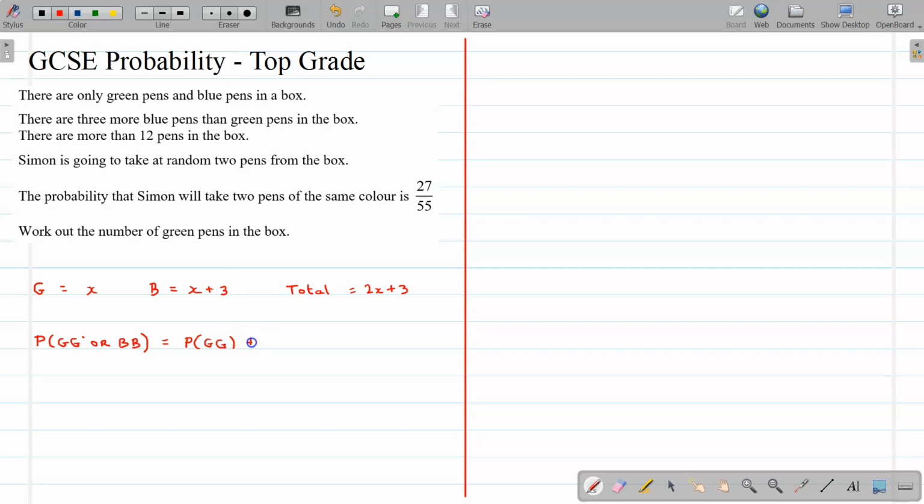Now you have to be careful about just adding the probabilities together, but I'll explain why we can in this case. All right, and those 2 added together will equal 27 over 55.